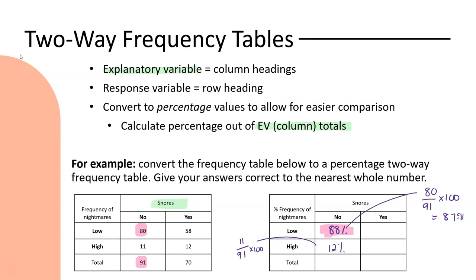This time we're doing the 58 yeses out of the total of 70. When we do that, we get 83% to the nearest whole number. And to get our yes but high frequency, we're doing 12 out of 70 times 100. So we end up with 17%, and both totals 100%.